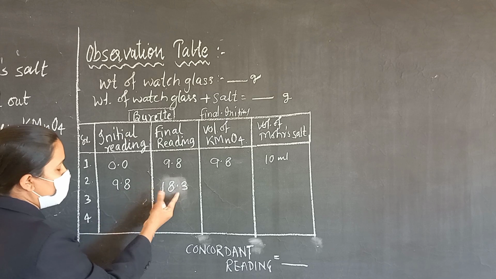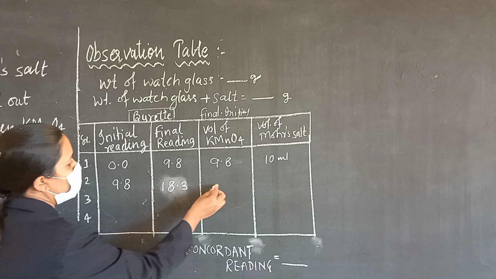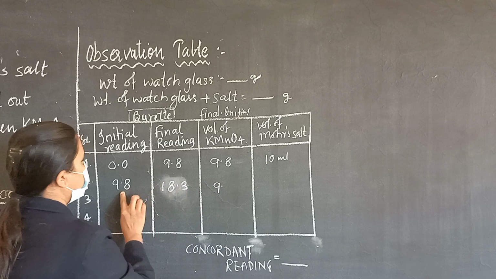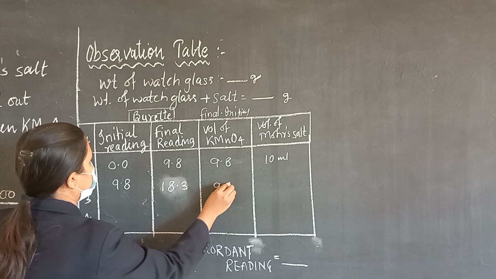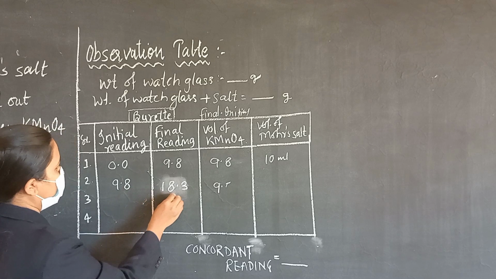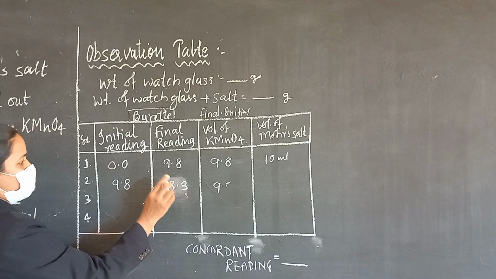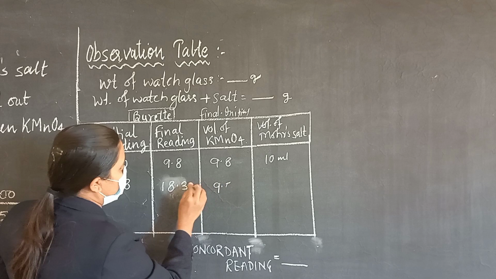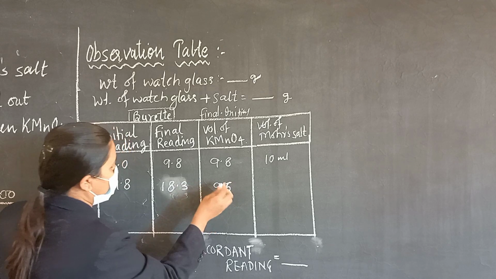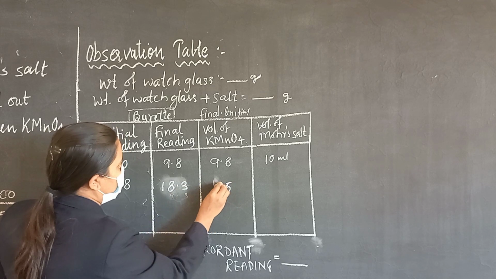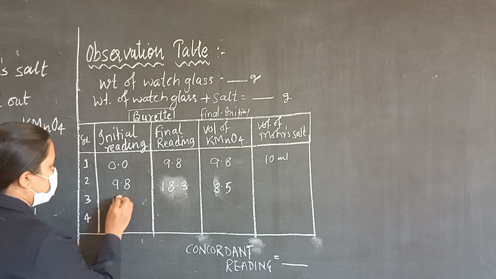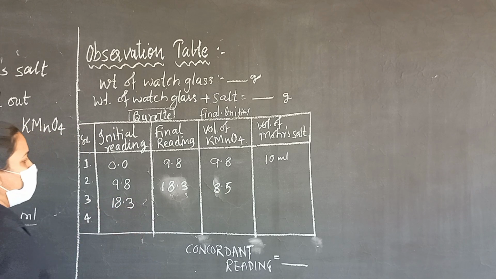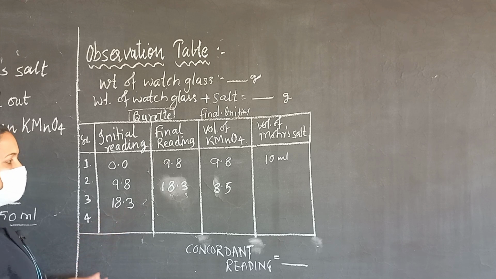As soon as you note down the reading, you will get the volume of KMnO4. After doing the subtraction, you can just note down the value as 8.5.